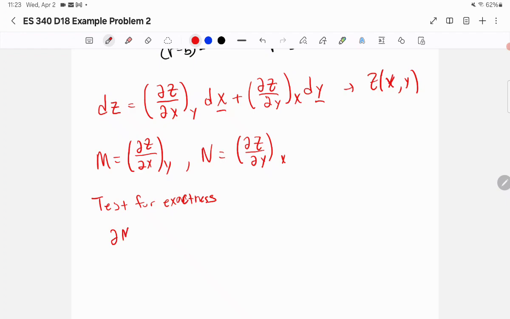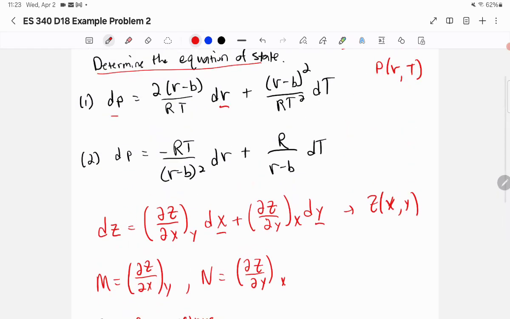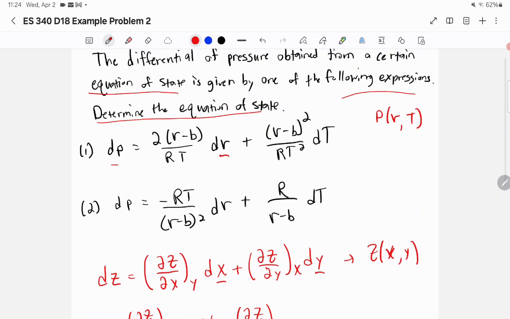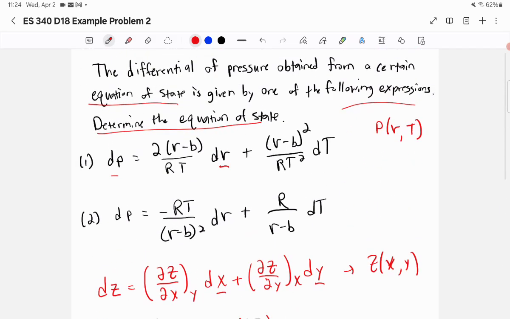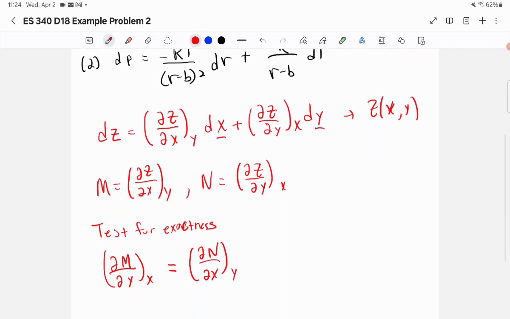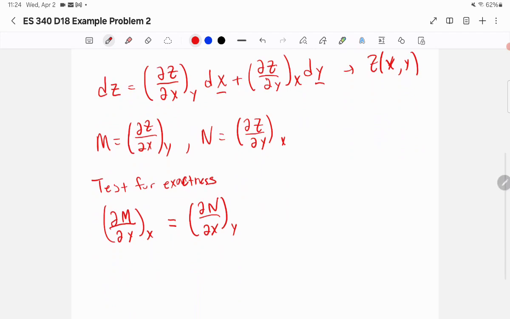If we take the derivative of M with respect to y, holding x constant, it should be equal to taking the derivative of N with respect to x holding y constant. So this is what we're working with. First we should identify in these cases what N and M are. Then we can work our way through and do the test for exactness.